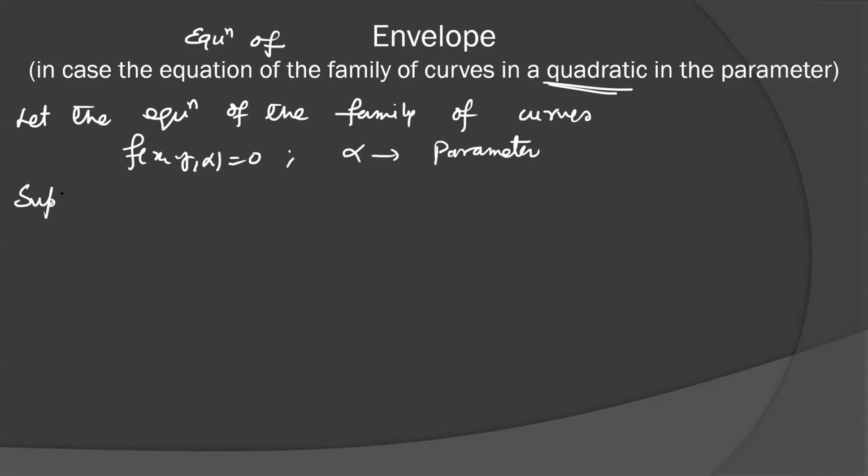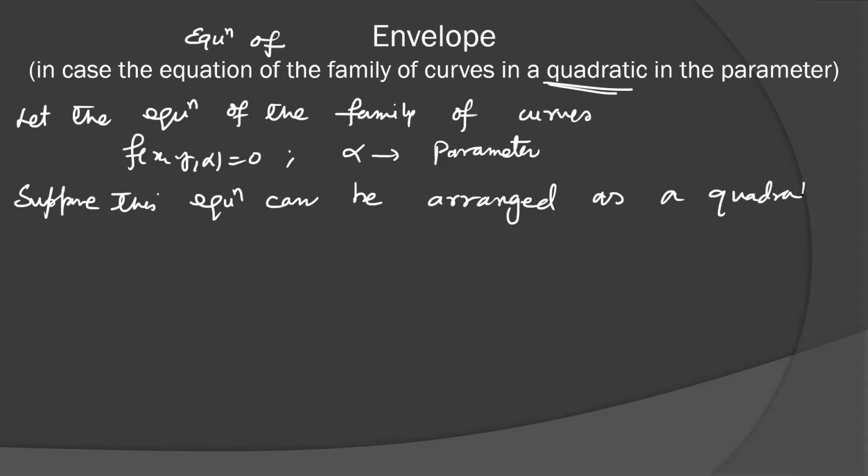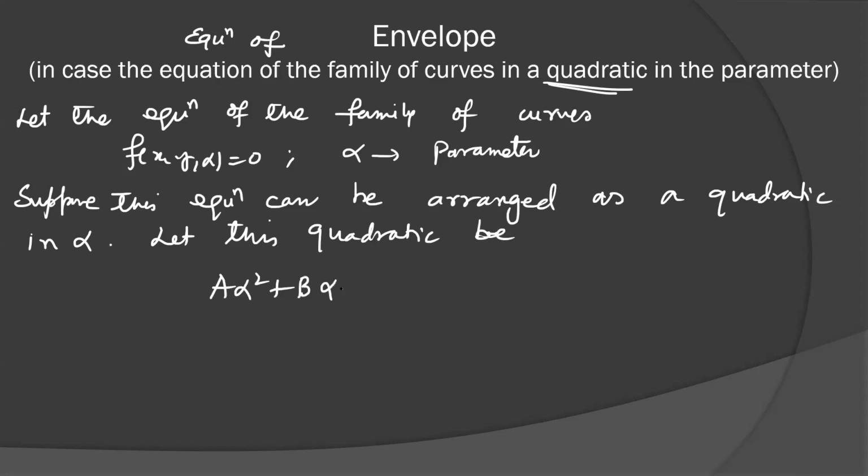Suppose this equation can be arranged as a quadratic in alpha. Let this quadratic be A alpha square plus B alpha plus C equal to 0.